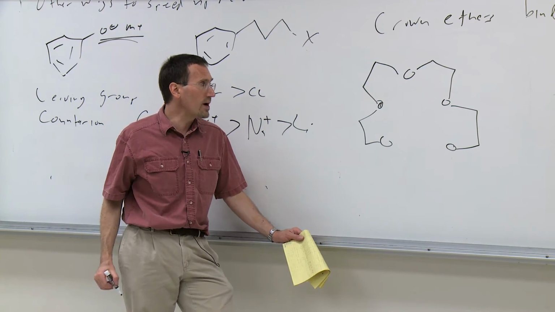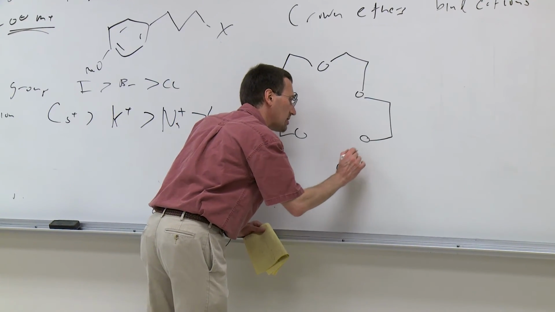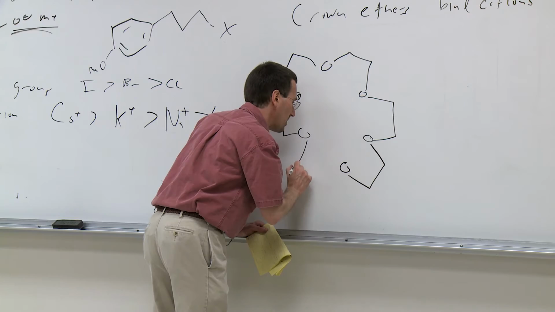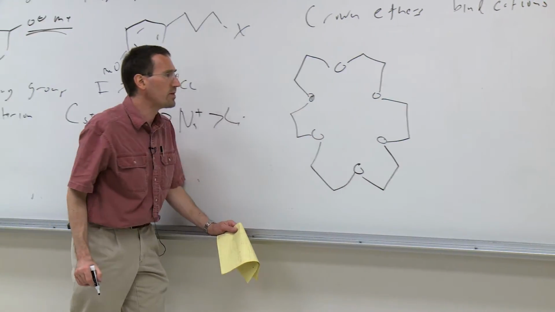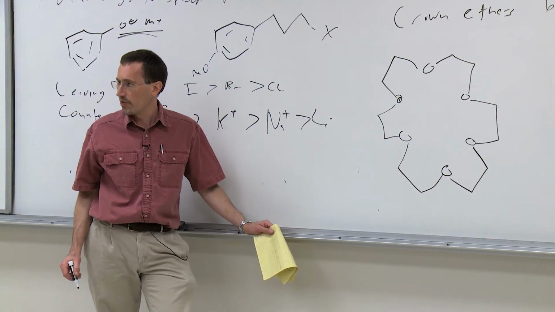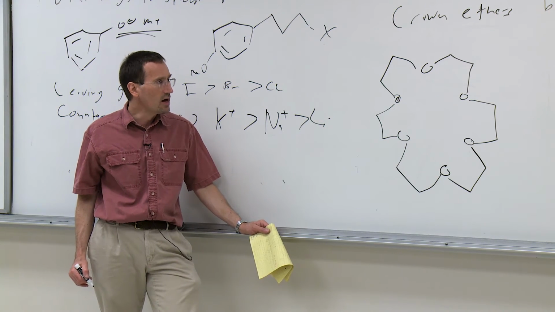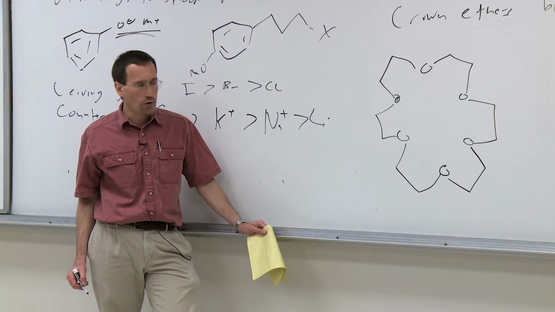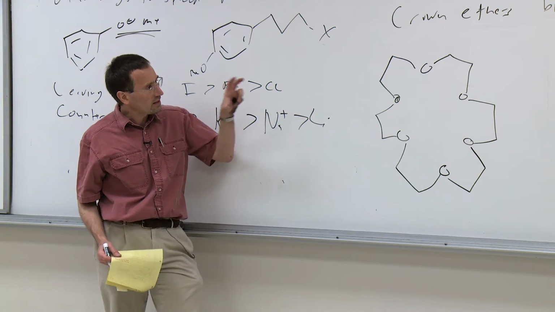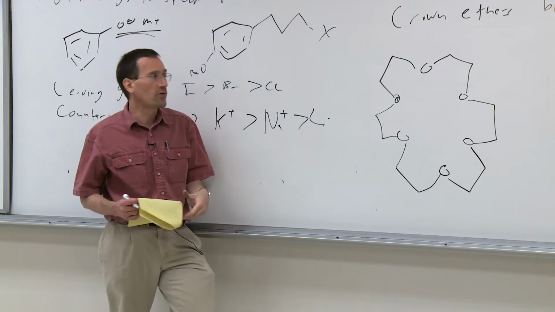If you go to a cyclic compound, and this is where Donald Cram and Jean-Marie Lehn came in and won the Nobel Prize collectively, all three of them in 1987, you come up with what's called a crown ether. If you look at the conformation of the molecule, it's kind of crown-like.